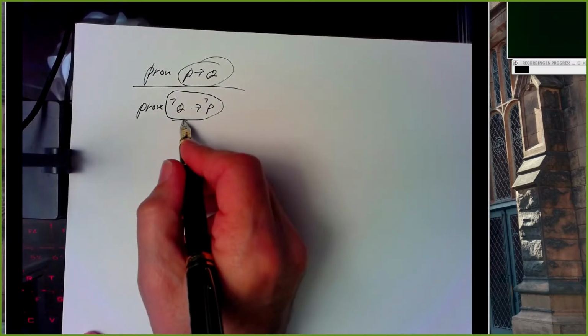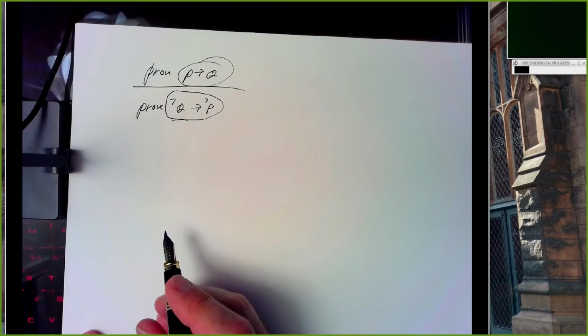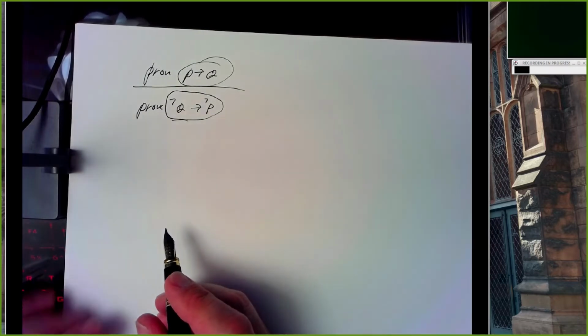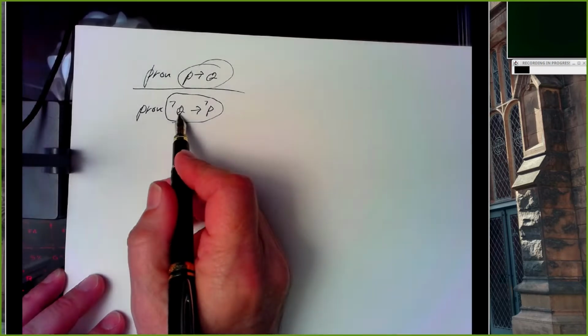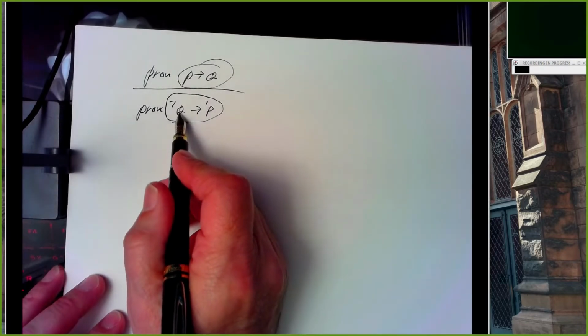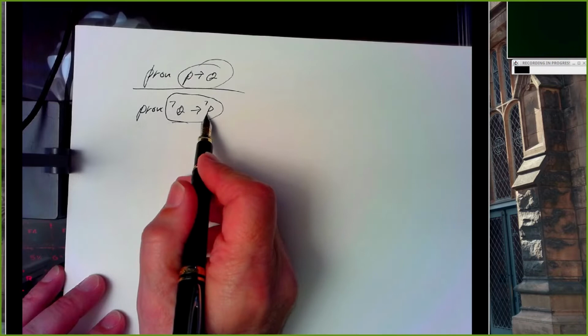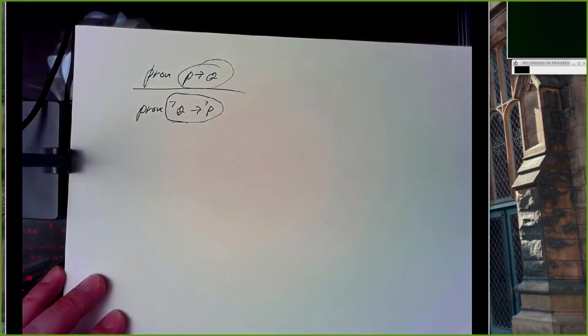And so if I've proven this, I've also proven P implies Q. Right? And that's really what an indirect proof is. It's proving that if we negate the conclusion, then we must negate the hypothesis also.